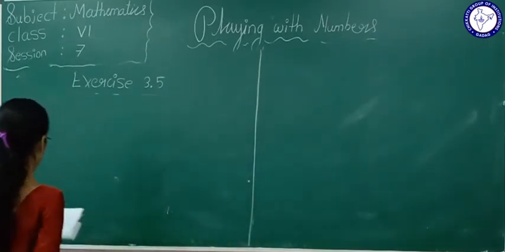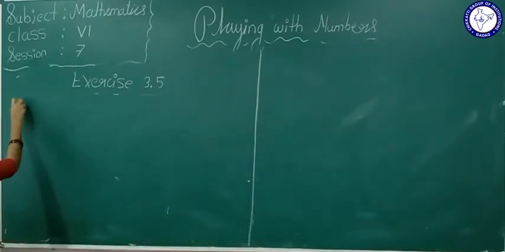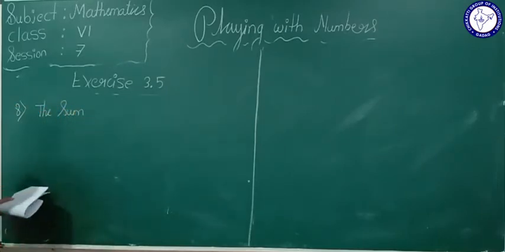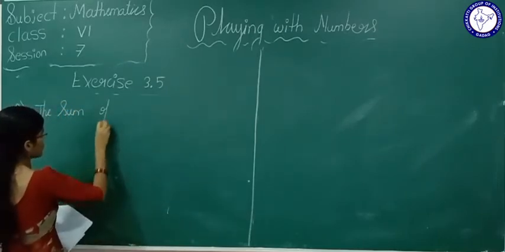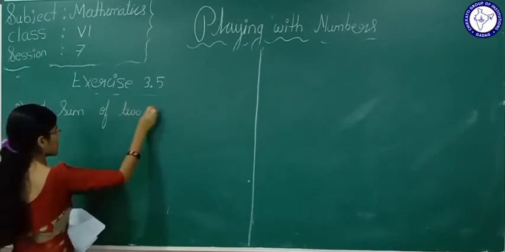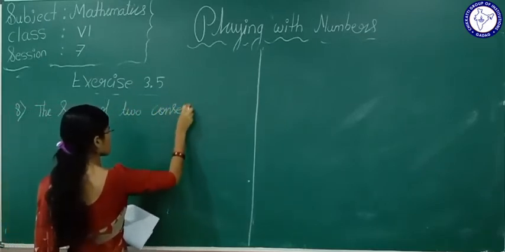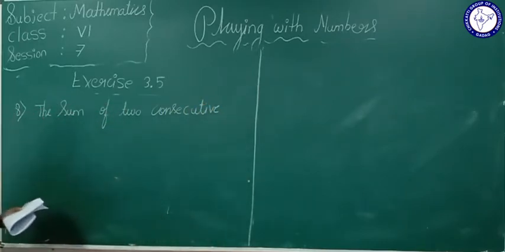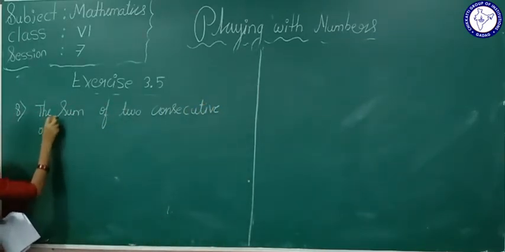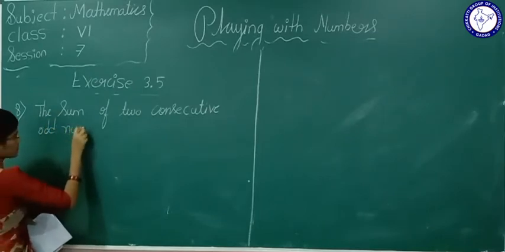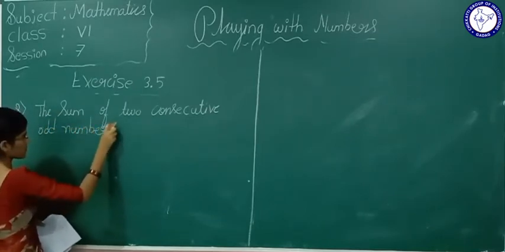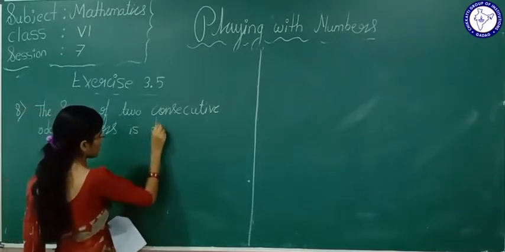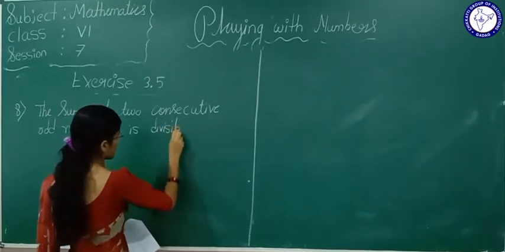Now see, student, the 8th one. The sum of two consecutive odd numbers is divisible by 4.